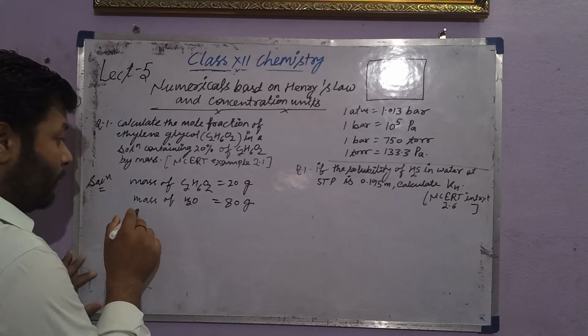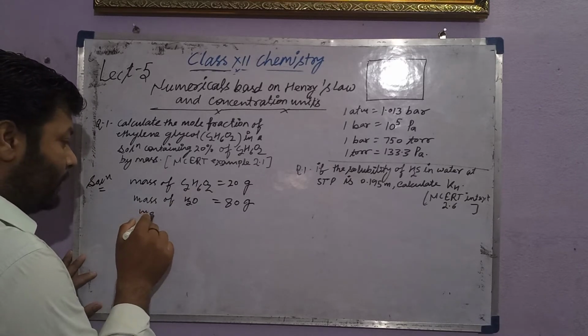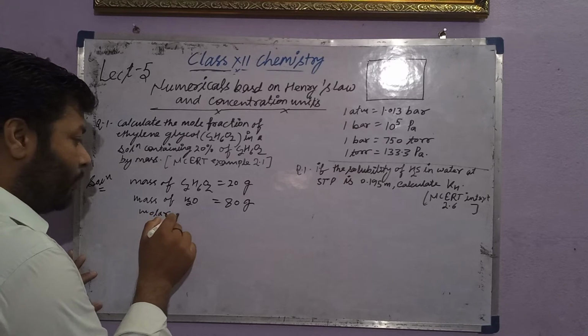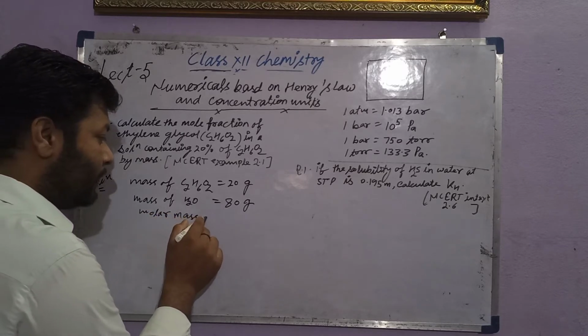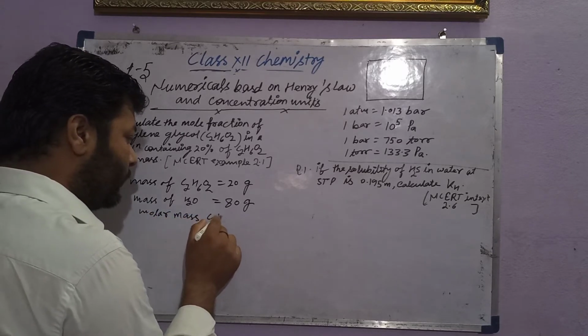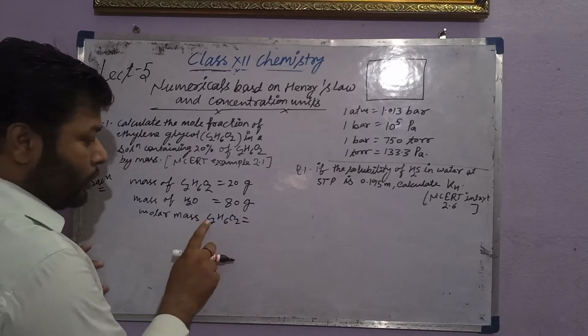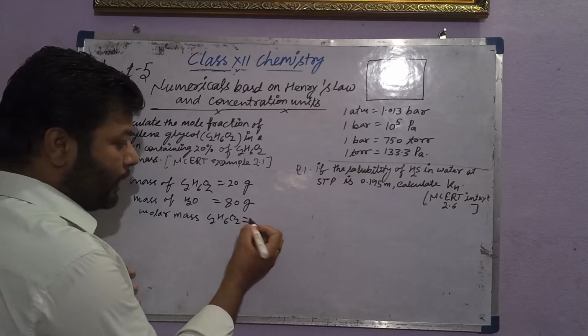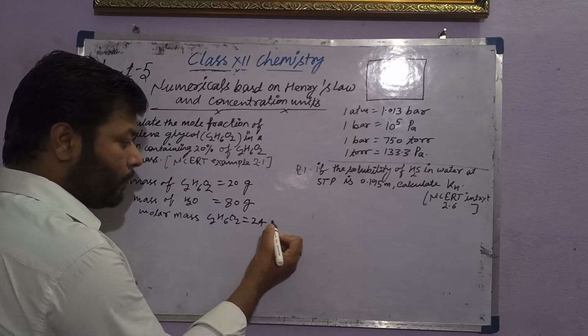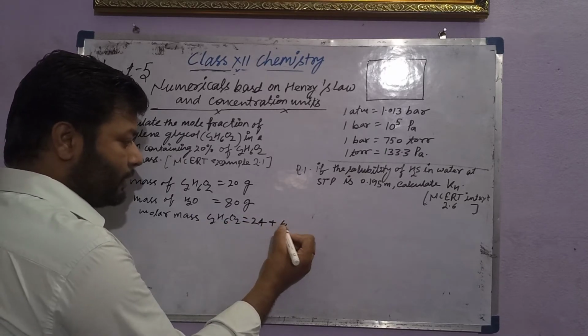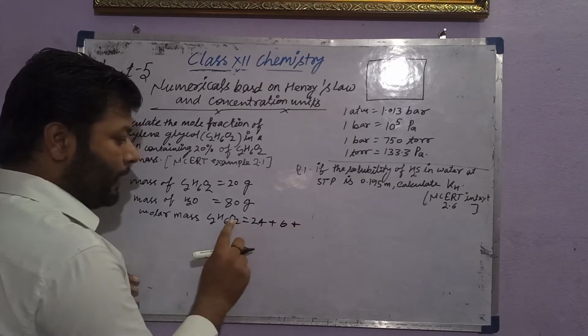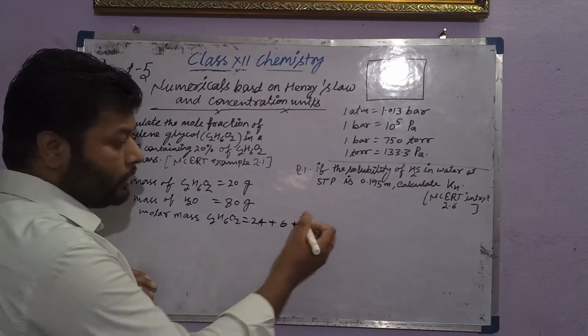Now the next thing is molar mass. Molar mass can be calculated with the help of the formula, C2H6O2. So molar mass will be: carbon atomic mass 12, so 24, plus hydrogen 6, and plus oxygen 16 twice, 32.